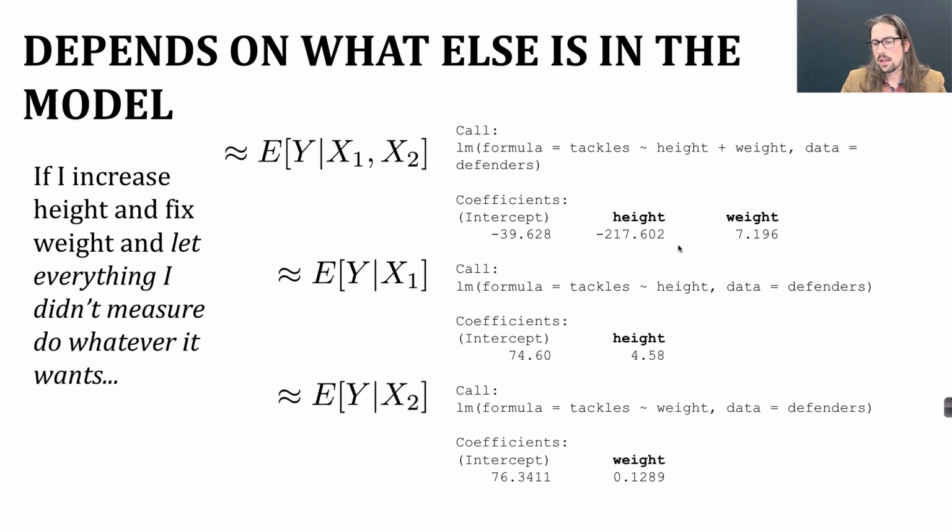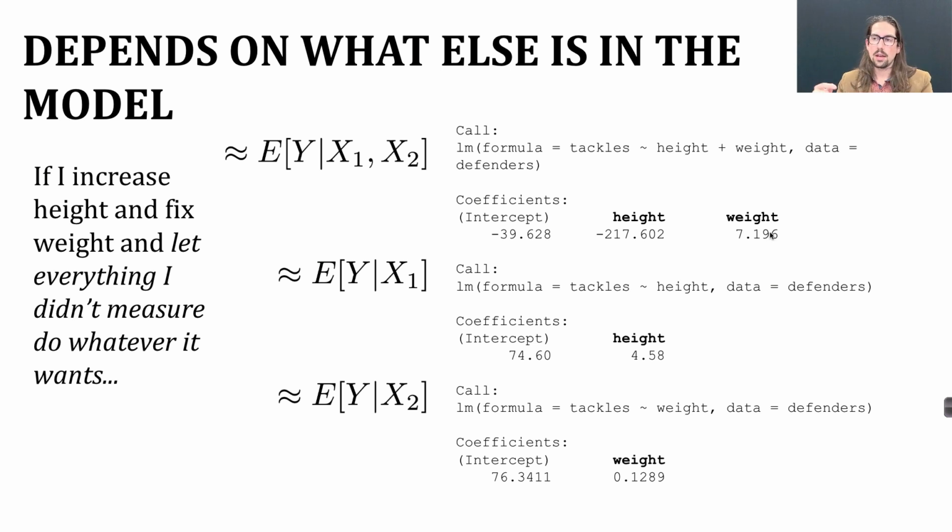And if I did, it would help explain tackles to some extent. But it's also correlated with height. Well, since I'm not putting that in, whatever explanatory effect of those variables is being taken up by the height in this case. So here, for example, you can see that because I'm leaving weight out, height is kind of doing the lifting for weight because these things are actually very similar to each other.